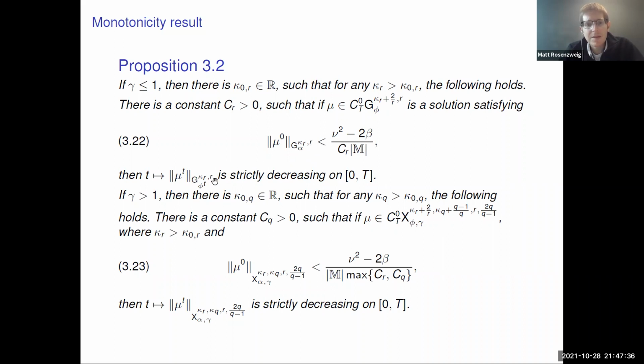And then I'm showing that this norm, corresponding to the smaller kappa R, is strictly decreasing. So again, in words, this is saying that this Gevrey norm is strictly decreasing, conditional on having a higher norm which is finite. And by higher, I mean higher Sobolev index, but the same Gevrey index.